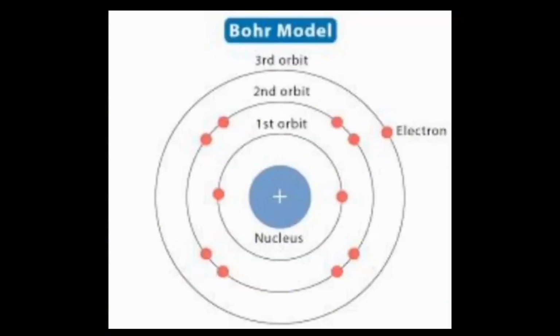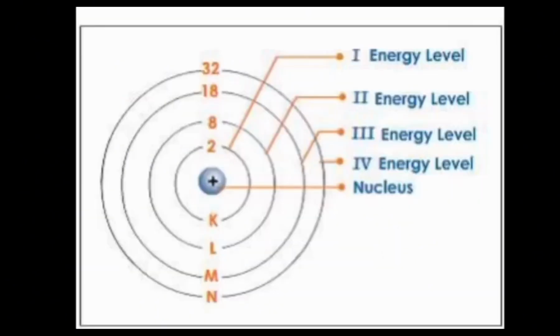In his theory, he first proposed that the electrons revolve around the nucleus in definite energy levels called orbits or shells, where shells are represented by the letters K, L, M, N, and so on.